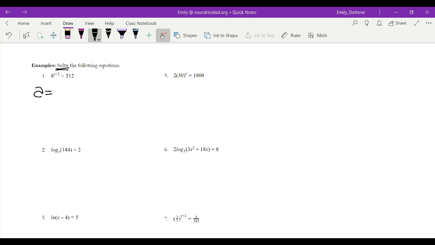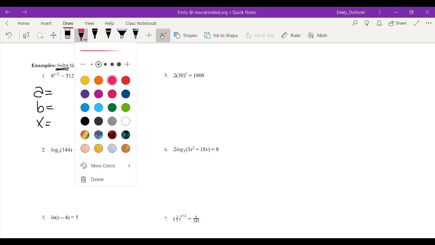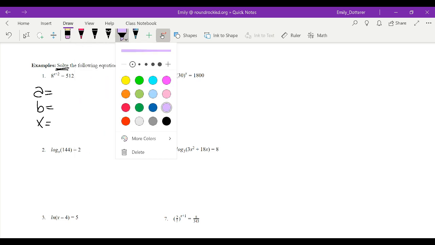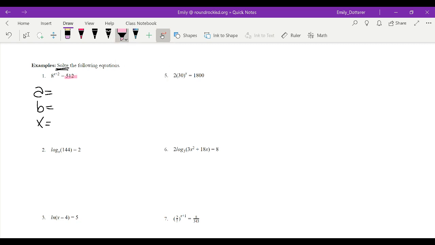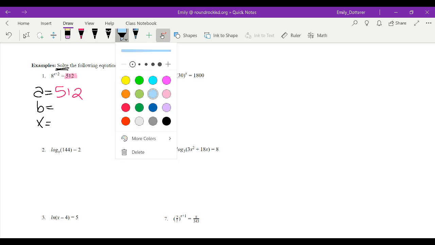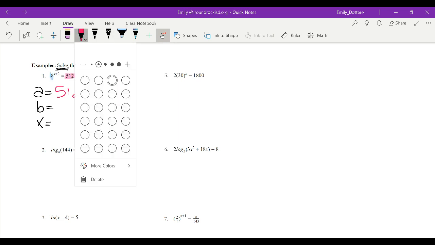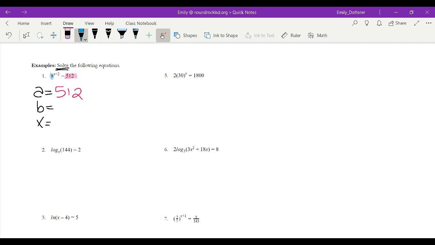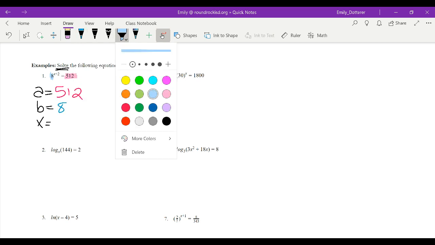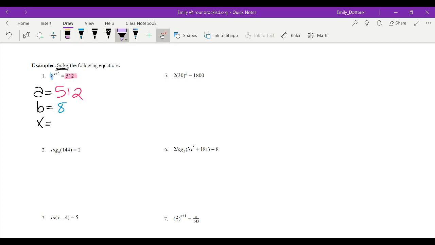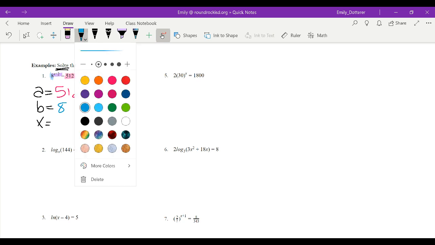And if you don't have to write this part out, that's perfectly fine. So A is that 512. B is 8. And x is the exponent.